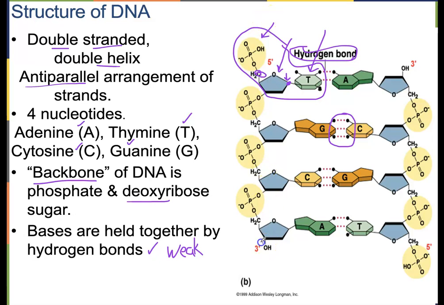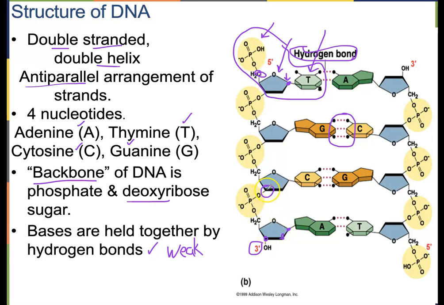If we look at the 3' end, it's different. So again, there's 1, 2, 3. This is the 3rd carbon. It's not attached to anything below it. So that 3rd carbon we can add to. If we look at the 3rd carbon here, you can see that we don't see the OH because it's been used to attach to the nucleotide that's down here.